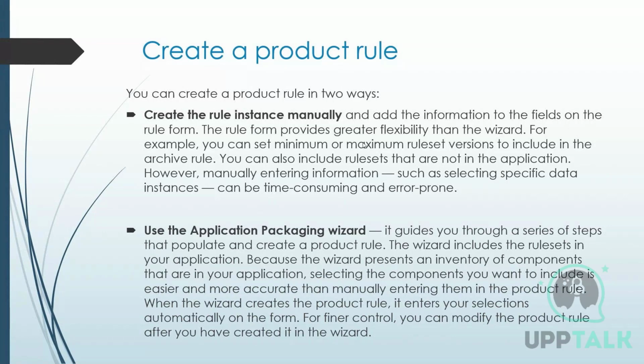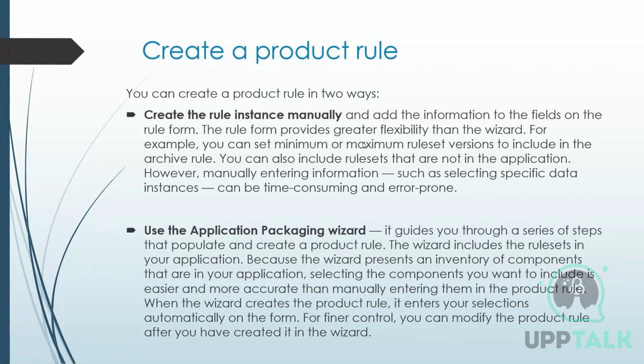Similarly, here also the packaging wizard comes with all those things provided by the platform, so that it's easy for me without missing out anything. It's easy for me when I'm dealing with huge applications. I can go for a packaging wizard.